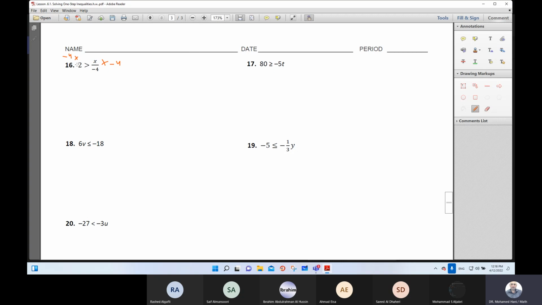So -4 times 2 will be -8, greater than. -4 up and -4 down, remains x. So x less than -8. So the set of solution, the variable x, such that x less than -8.